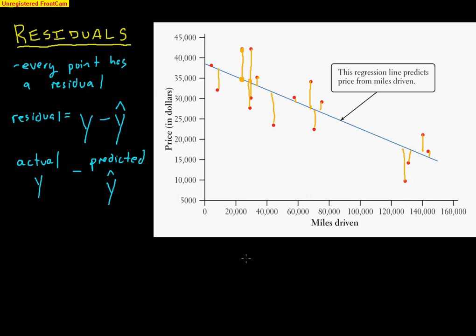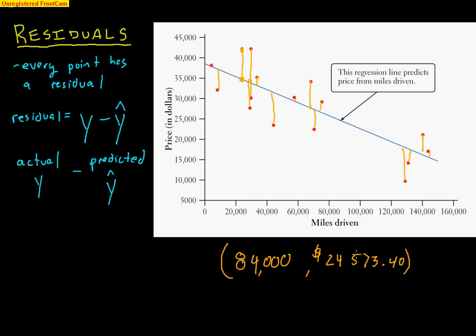Okay? So if you recall, I had that 84,000 mile car, and I predicted it to cost $24,573.40. Now let's say that car actually cost $24,000. The legit actual price was $24,000.